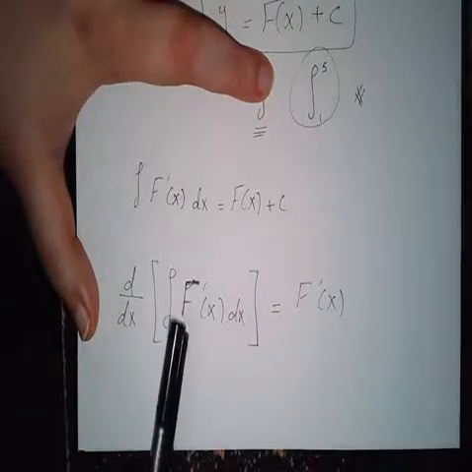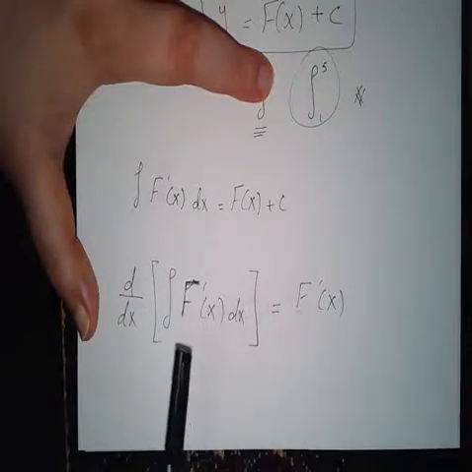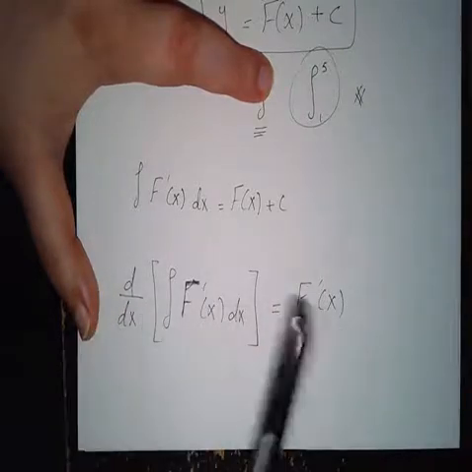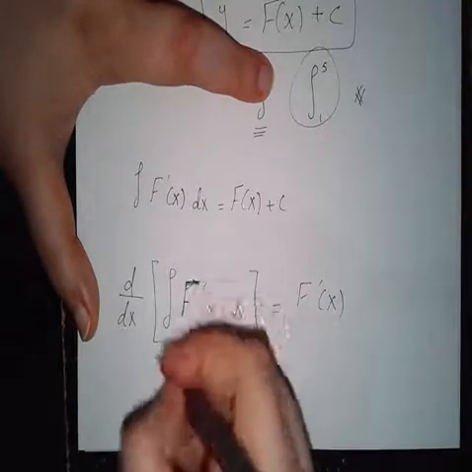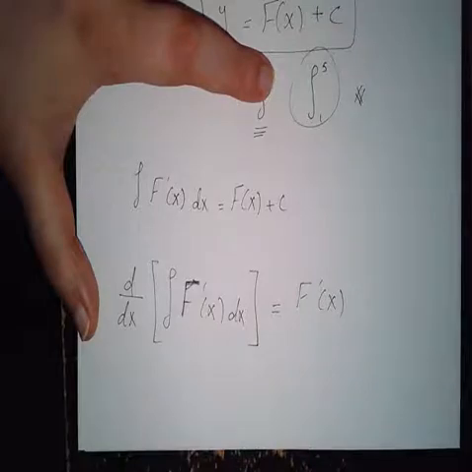Because we took the integral, that means it took you to f without the prime, and then you took the derivative, so you go back to prime. Make sense? So taking a derivative of an integral cancels it out.